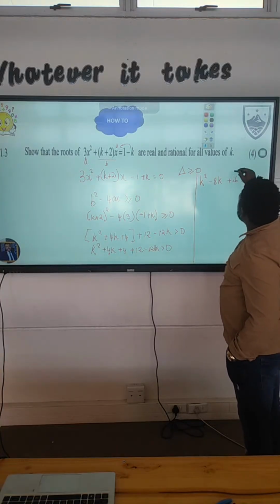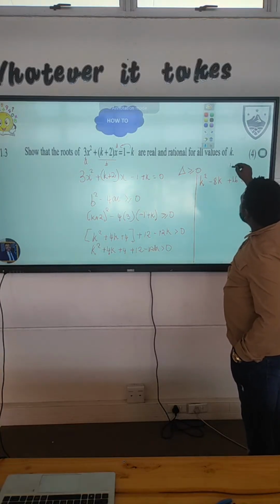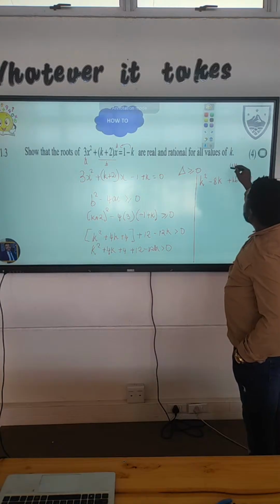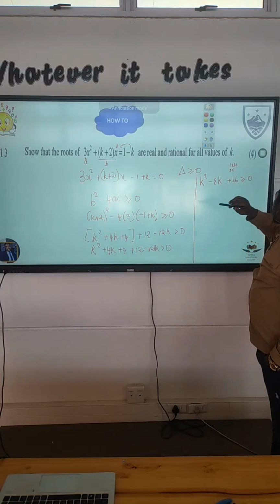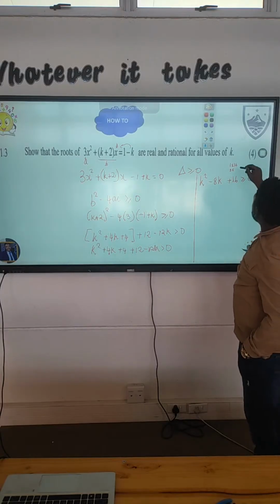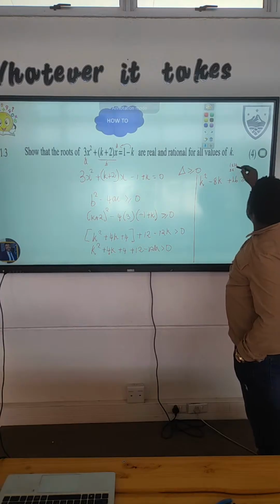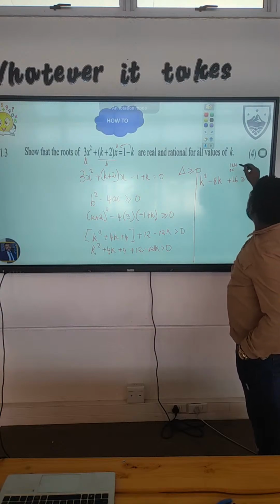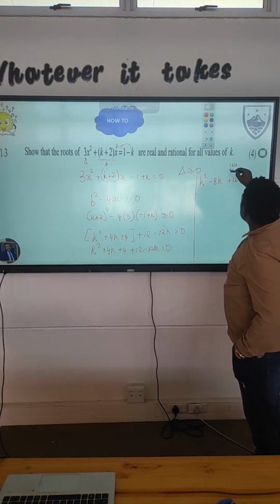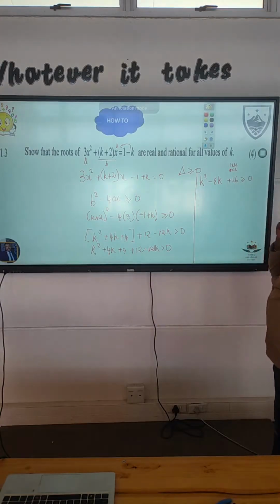Now, what are the factors of 16 that we know? We have 1 times 16. Not close. We have 6 times 3, which will give us 18. No. And then we have 9 times 2. Can we add 9 times 2 to give us 16?